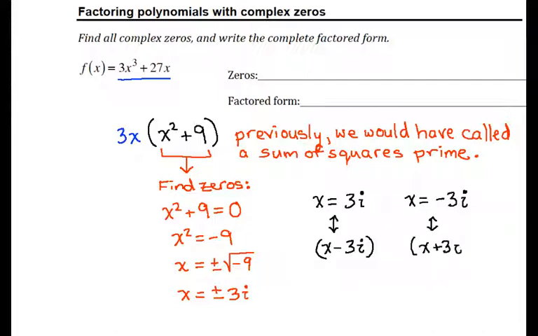So I can construct this polynomial back by creating these factors from the known zeros. I don't want to forget about this factor 3x that I found first, so I'll put my whole factored form as 3x times x minus 3i times x plus 3i.